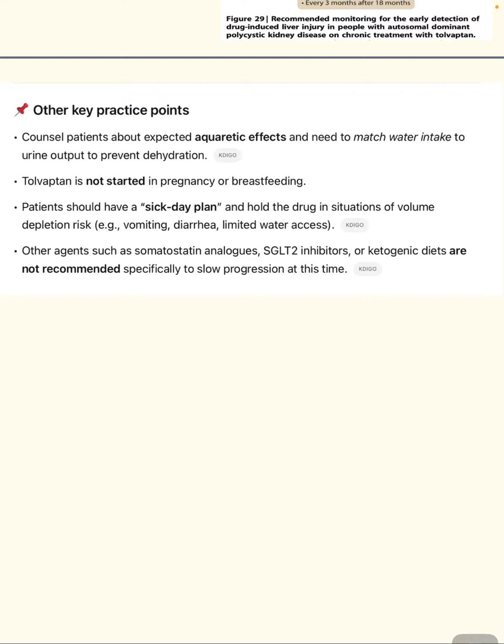KDIGO does not recommend somatostatin analogs, SGLT2 inhibitors, or ketogenic diet. Rather, KDIGO advises taking water as replacement therapy to prevent dehydration.